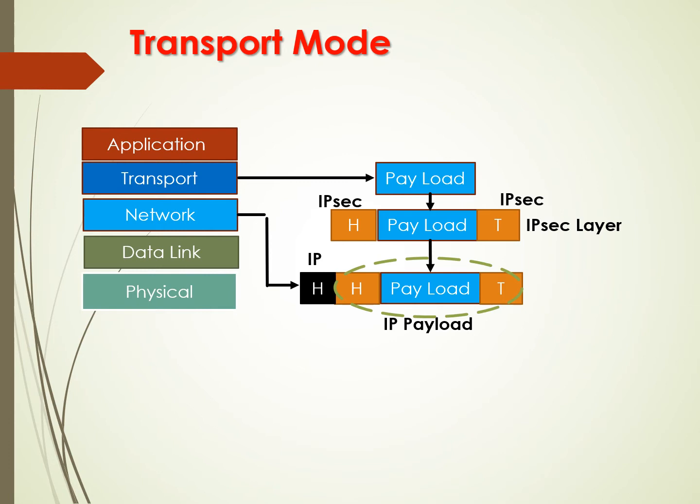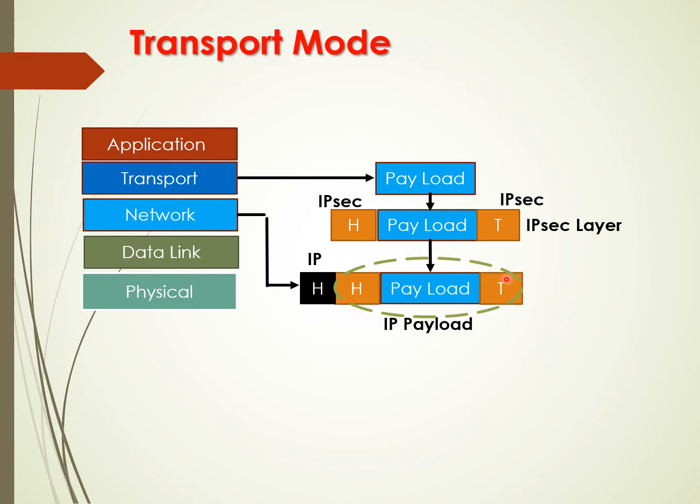So in the network, we can see the actual payload plus the header and trailer added in the IP security layer, which is encapsulated or encrypted, and then we add one more field, the IP header.